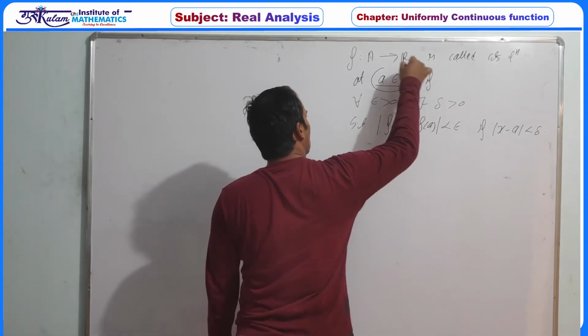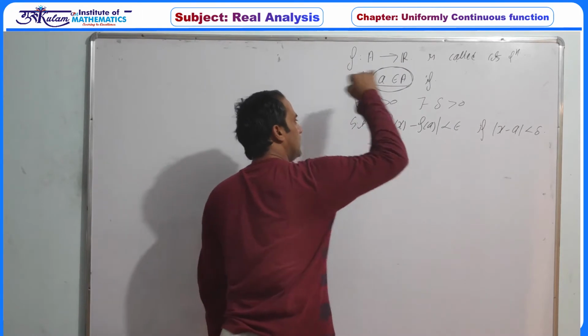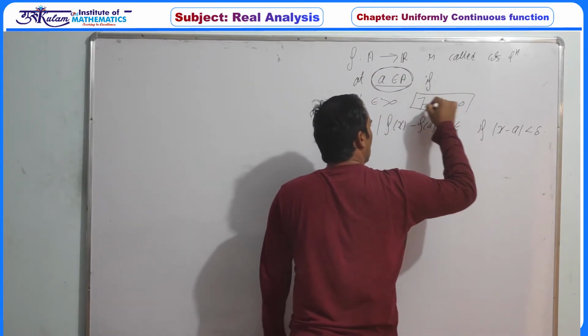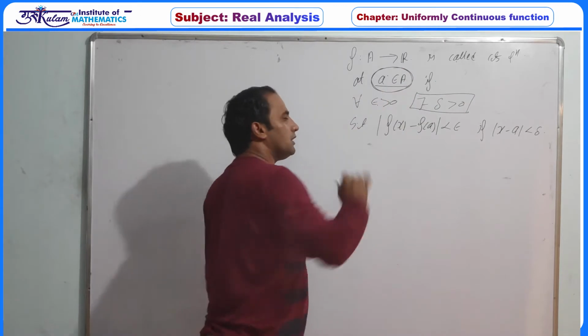So continuity is always a point based property, and the existence of this delta always depends on a and epsilon.